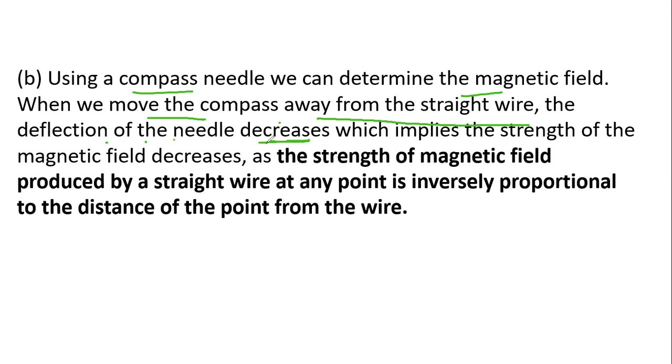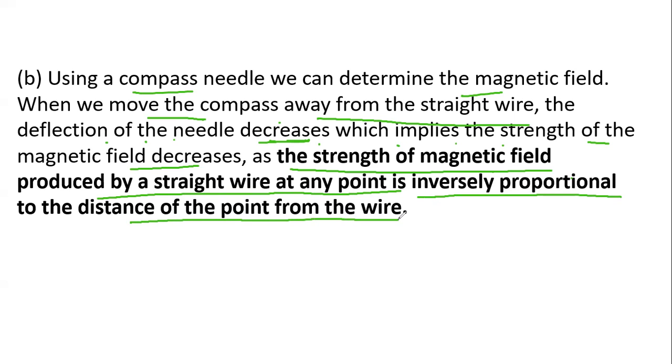Remember, the deflection of the needle decreases, which implies the strength of the magnetic field decreases. This is a very important point: the strength of the magnetic field produced by a straight wire at any point is inversely proportional to the distance of the point from the wire.